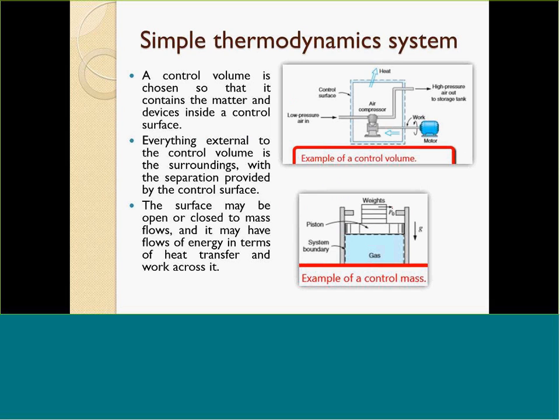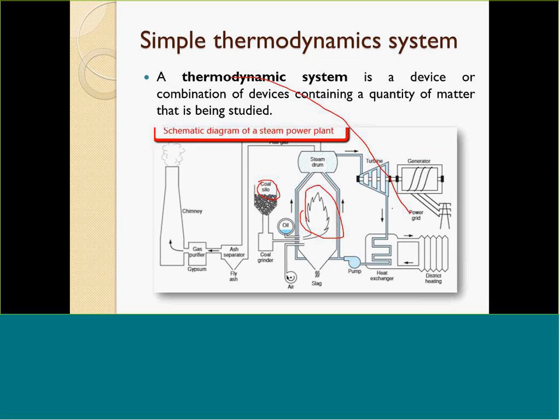So towards the turbine and the steam drum, it's going to heat up the water. When it relates with temperature, it's going to increase the pressure in the reservoir, the steam drum.